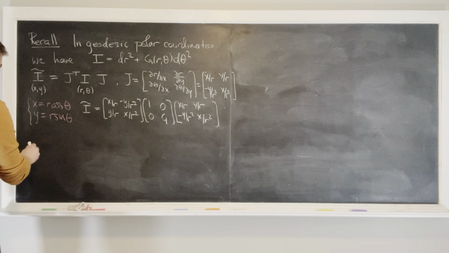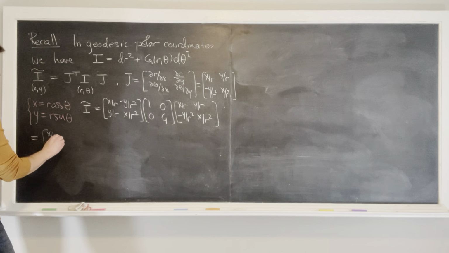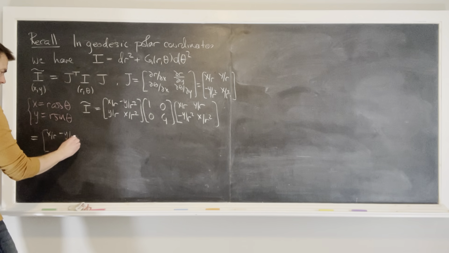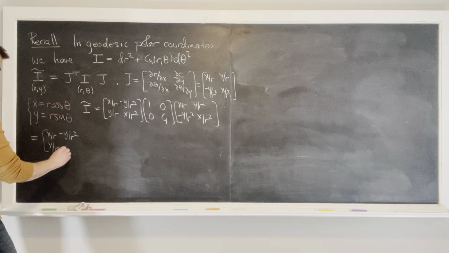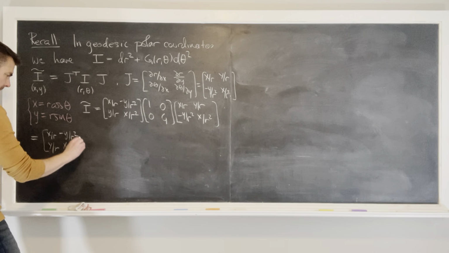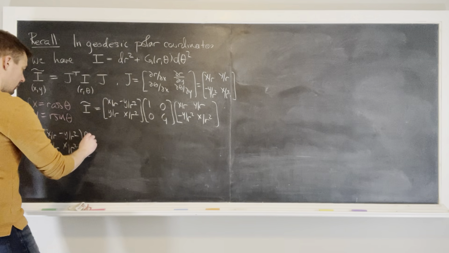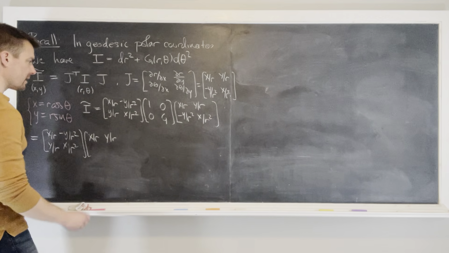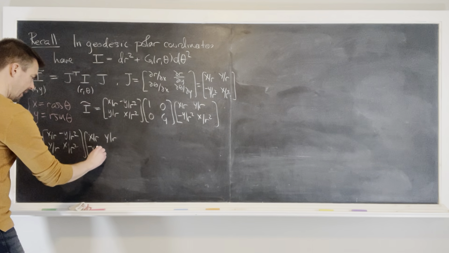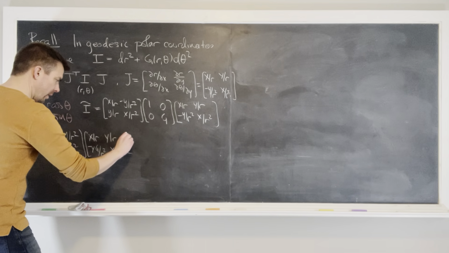And so this is going to simplify to what? This is going to be x over r, negative y over r squared, y over r, and then x over r squared, times x over r, y over r, then negative yg over r squared, then xg over r squared.